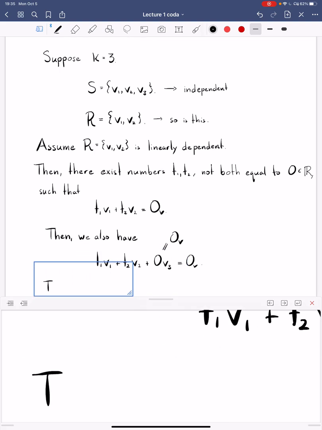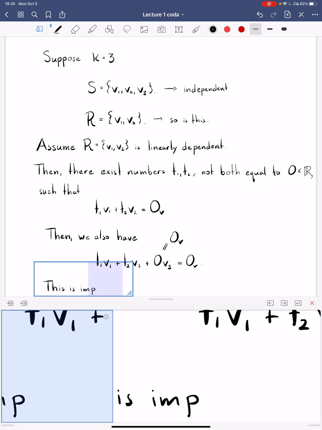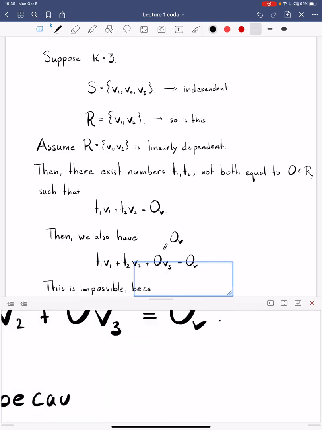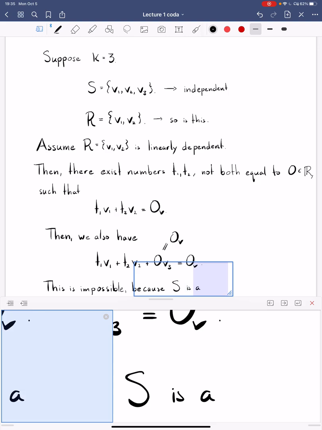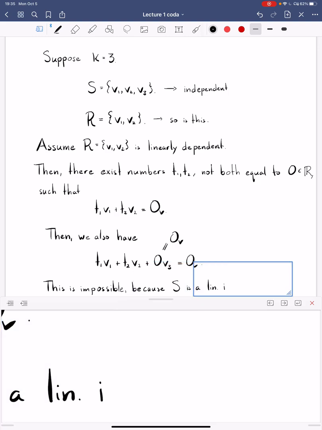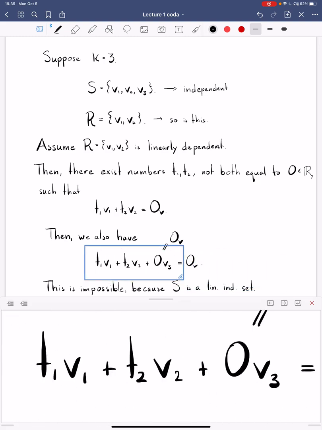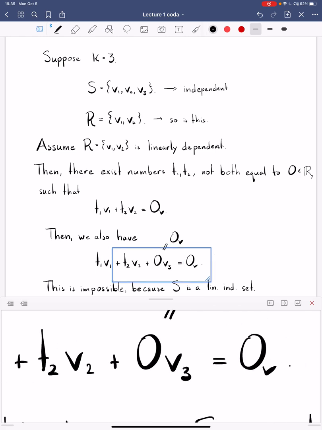And this is impossible, because my hypothesis is that S is a linearly independent set, right? And that means exactly that there does not exist any non-trivial combination of the vectors v1, v2, and v3 that will give you the 0 vector.